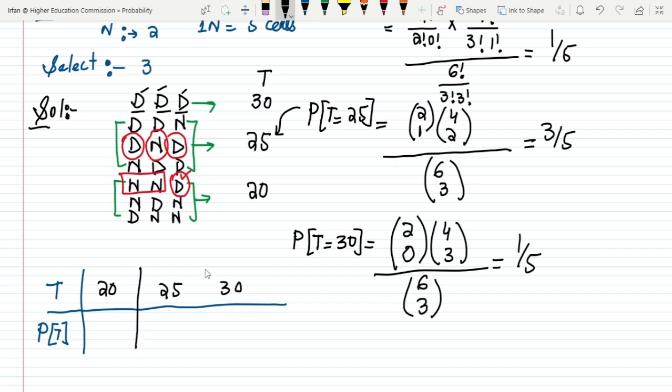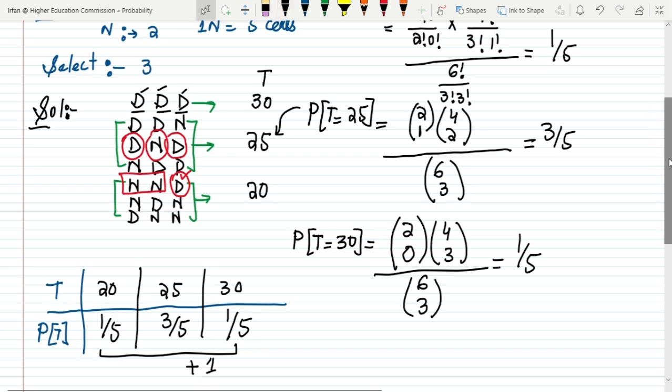And the probabilities: the probability of t equal to 20 is 1 by 5. For 25 I have 3 by 5. For 30 I also have 1 by 5. So this is the probability distribution, because by adding 1 by 5, 3 by 5, 1 by 5, the summation of them all will be equal to 1. So this is the probability distribution.